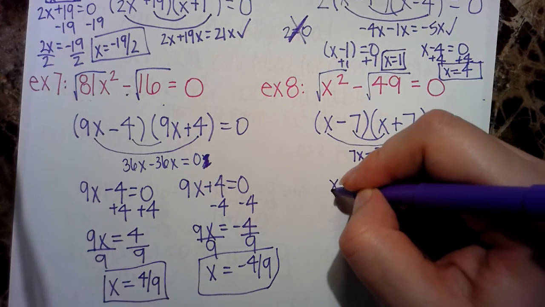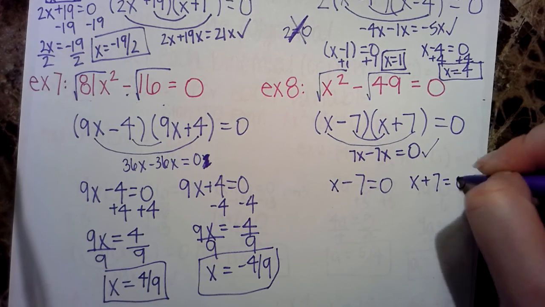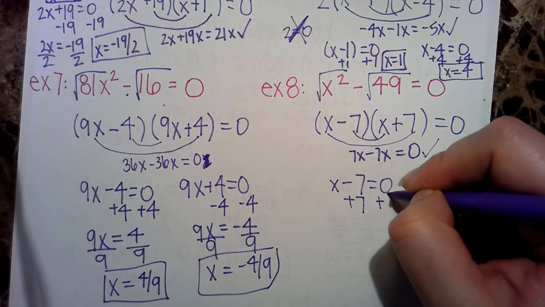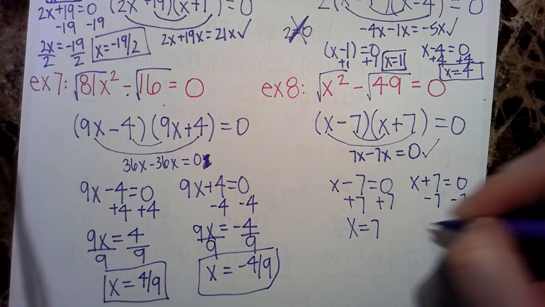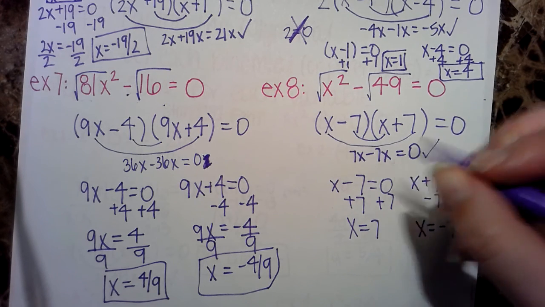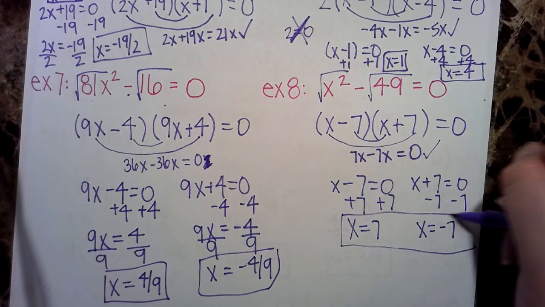Okay, so then I'm going to set my two equations up. And I get plus 7, x equals 7, and I have minus 7. So these are my two solutions.